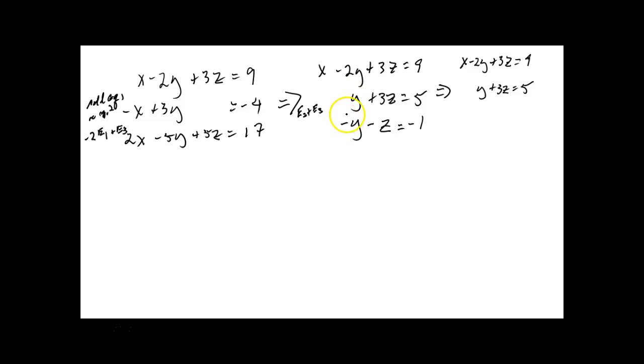Well, there aren't any x's. Add equation 2 to equation 3. 2z is equal to 4. Now guess what we want the next step to be? You want the first non-zero coefficient in the third equation to be a 1. How can we make that a 1?